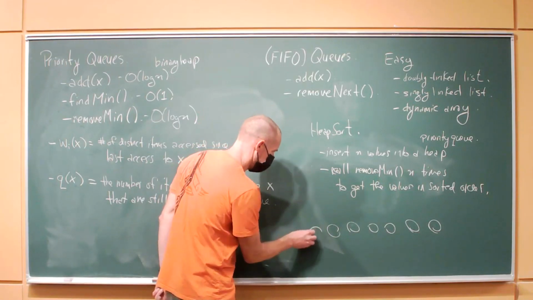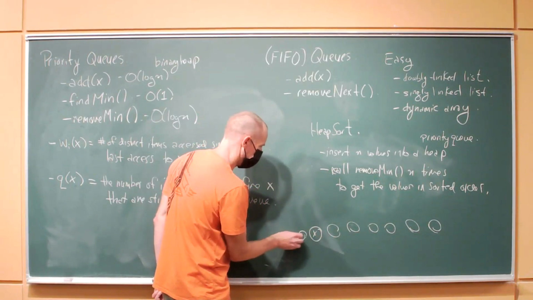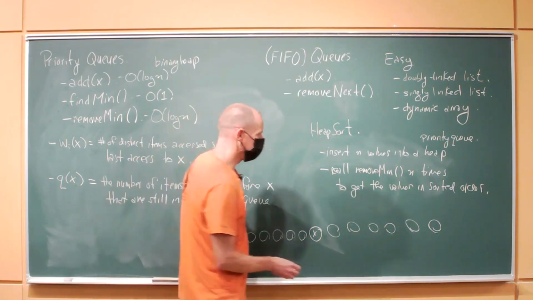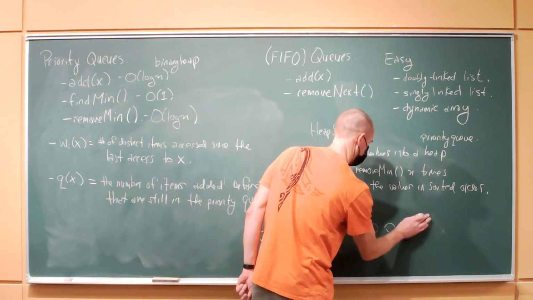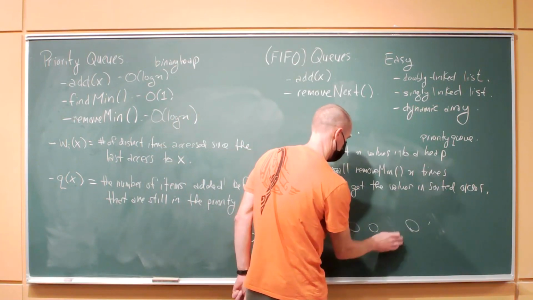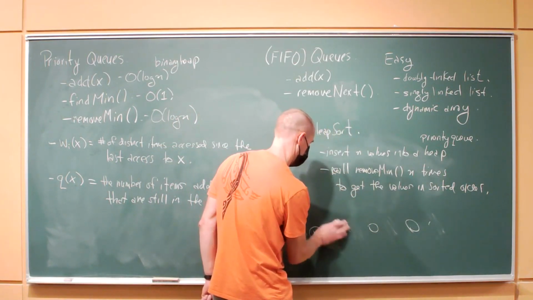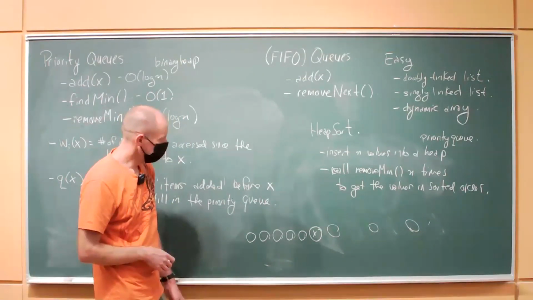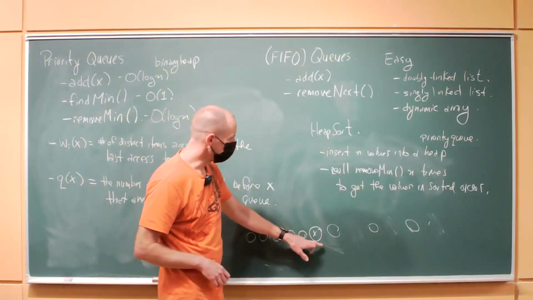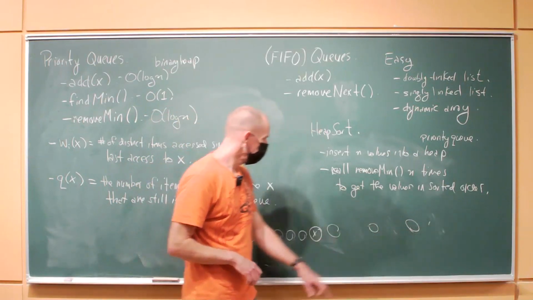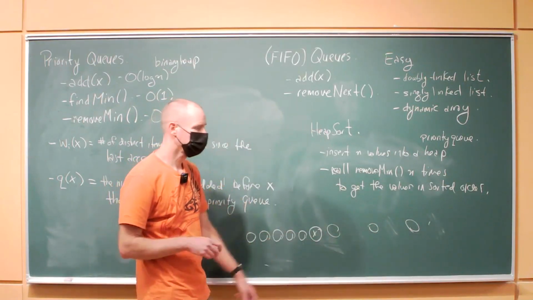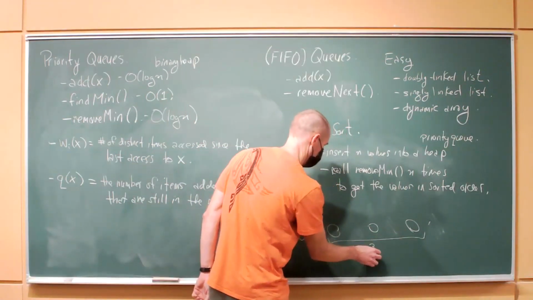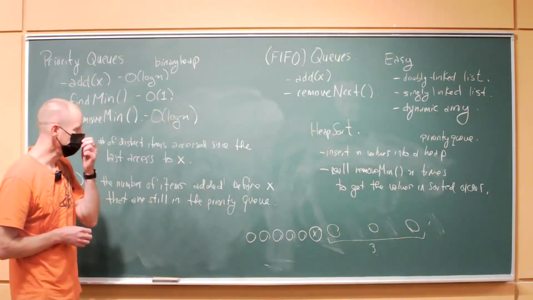Then you add X. You add some more things after X. And in the meantime, some things leave, not necessarily in any particular order. Now I ask you, what is the Q number of X? Well, it's the number of these things that were added before X but haven't left yet. So in this case, the Q number of X is 3.